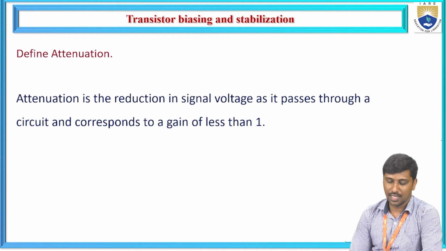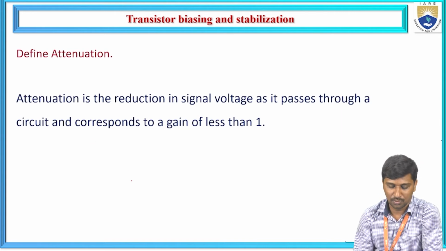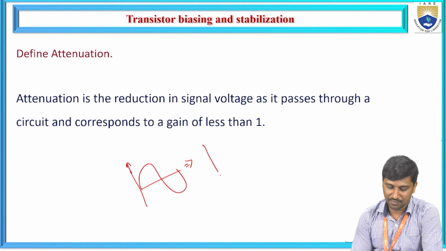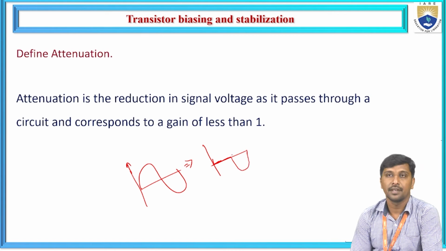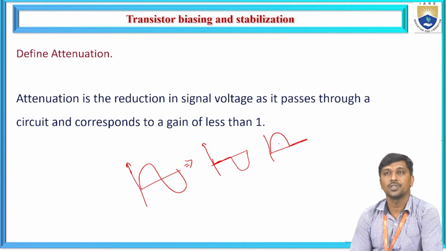Now, define attenuation. What is the meaning of attenuation? Let us take this as the given input signal. While transmitting it, if the signal loses any component, for example, suppose I want to attenuate the positive portion of the given signal, I need to transmit only the negative portion, or I need to transmit only some of the positive portion and skip the negative portion.